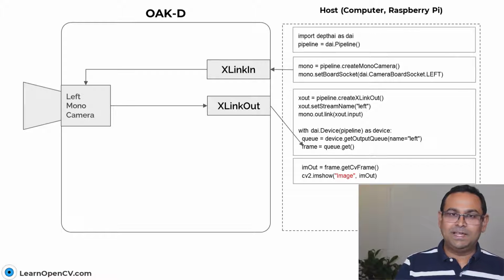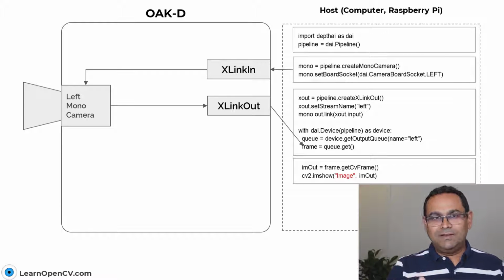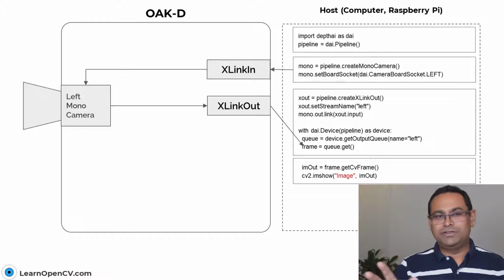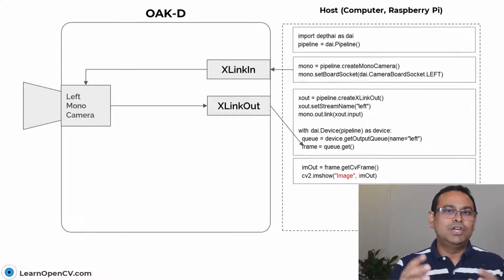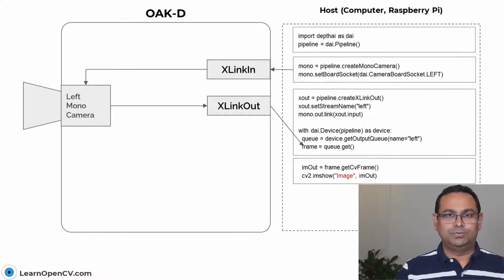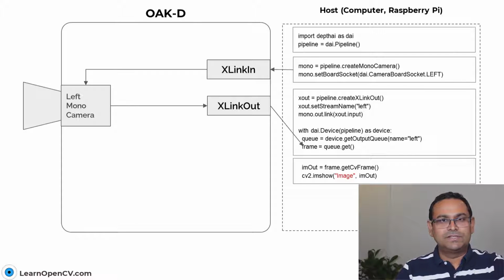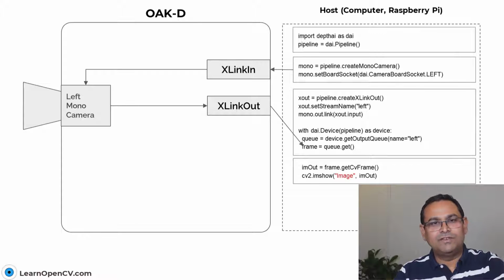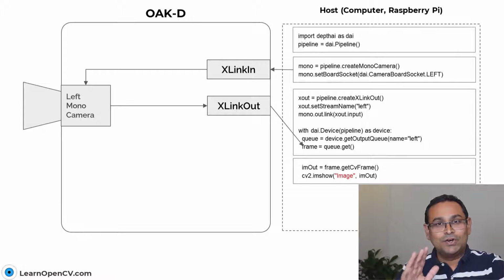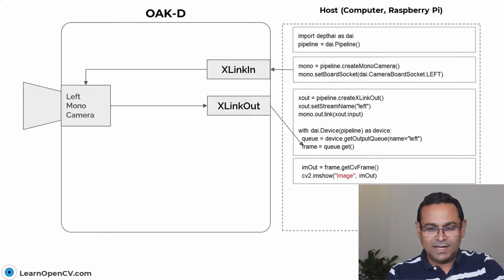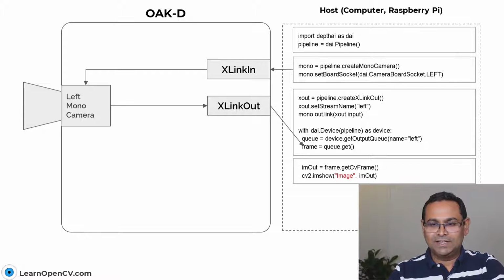We need to specify the name of the output stream, and we have to keep in mind that this output stream is actually a queue of outputs, so we have to query the last one. We have to do .get to get the last output, and then we can use getCVFrame to convert it to an OpenCV frame and then display it. That is it. So this is what you can easily do.